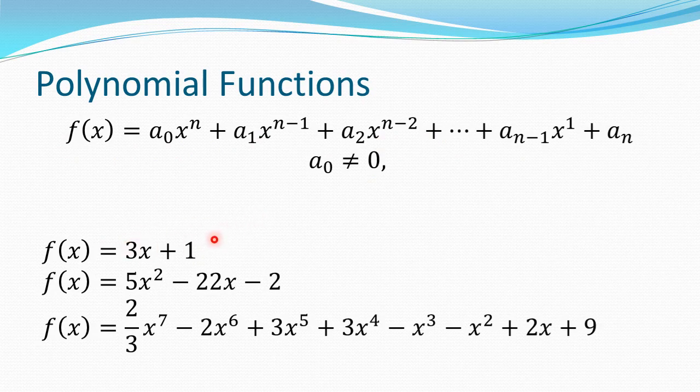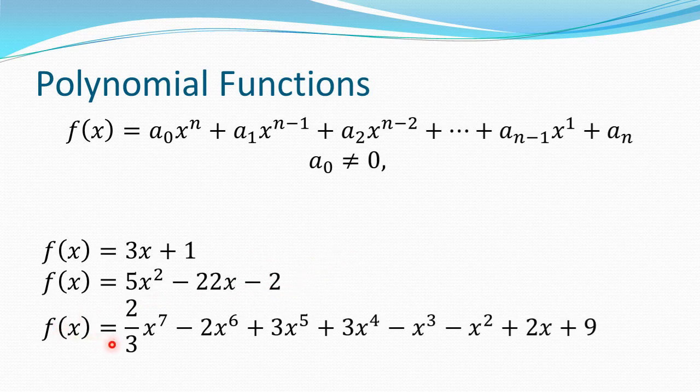So this is a linear function. How about this one? 5x squared minus 22x minus 2. This is your first term where the highest exponent is 2, and the next would be 2 minus 1, which is 1, until your constant at the end. This is now a quadratic function.